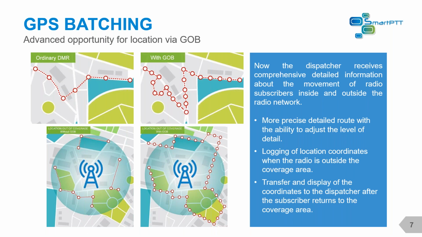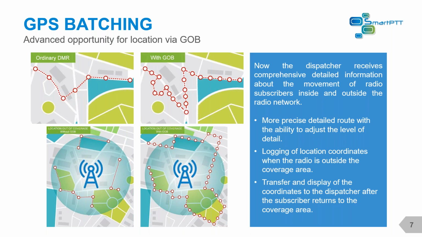If you look at the top two images here, you're going to see with ordinary DMR how we, based upon how the radio was reporting, where the unit went. But with the GOB, you would actually see it took a different path than how we assume based on the limited data that MotoTurbo would normally provide. So now you're getting more of a breadcrumb trail, so to speak.